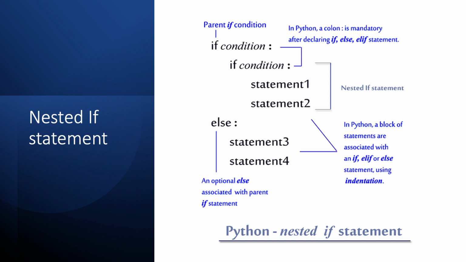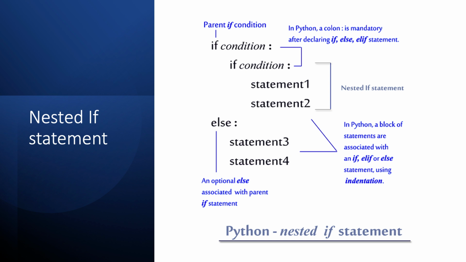This is known as the nested if statement. And just like the parent if, it also ends with a colon, and the code inside it must be indented. So here we have if condition, colon, followed by a nested if condition, colon, then two statements. So this shows that statement 1 and statement 2 will execute only if both conditions are true.